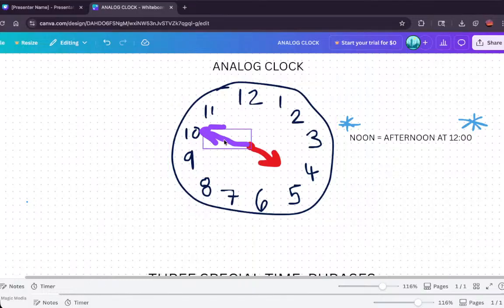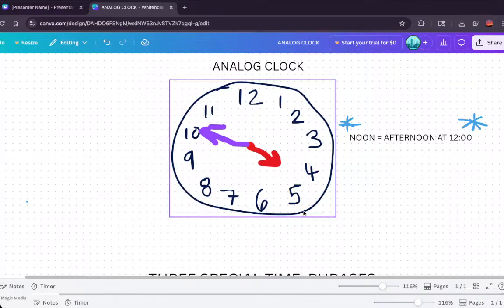Okay? So now we are going to check the hour hand. Even though it's closer to 5, it has not reached 5 yet. It is still in the 4 o'clock hour, that means the correct time is still 4:50.